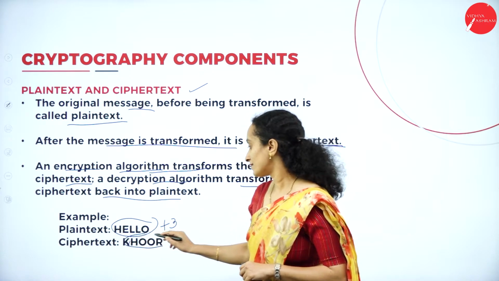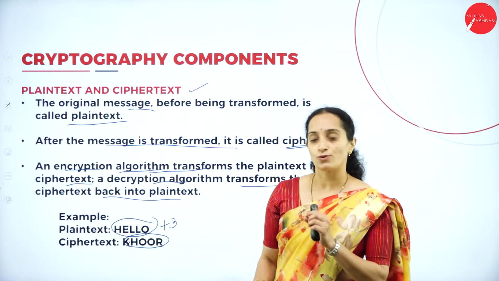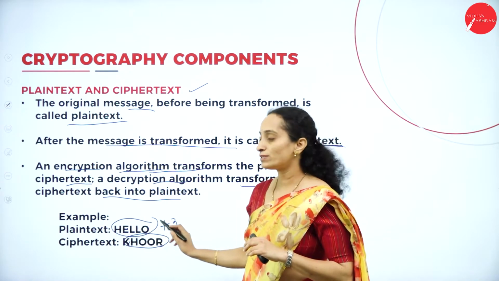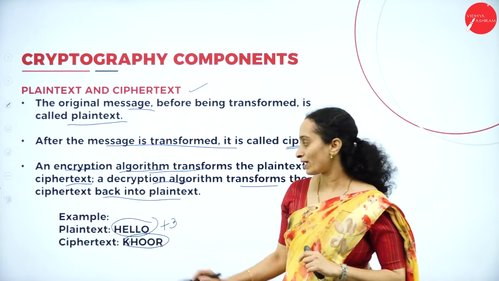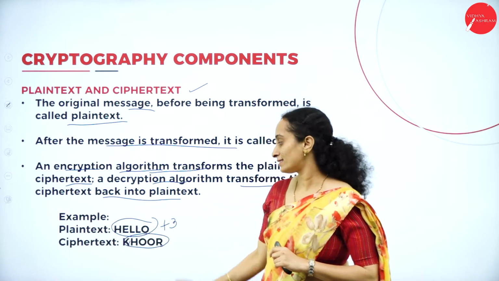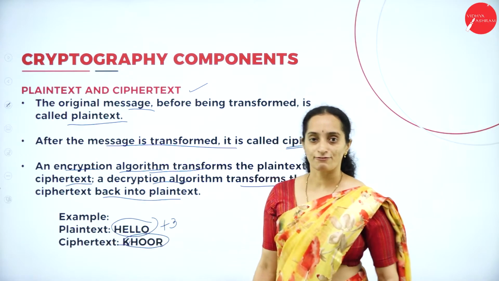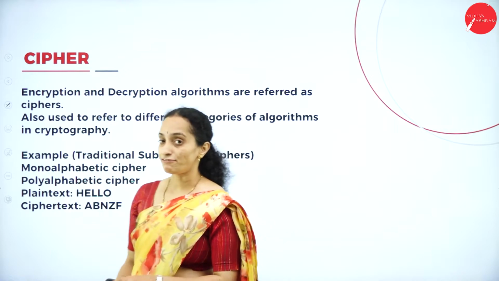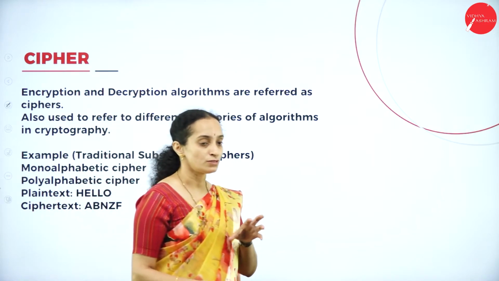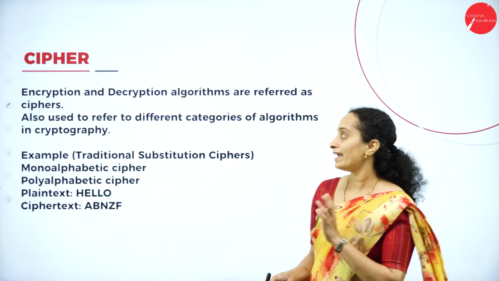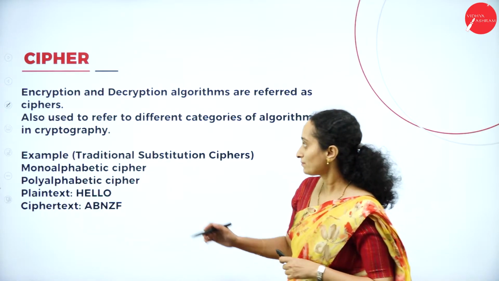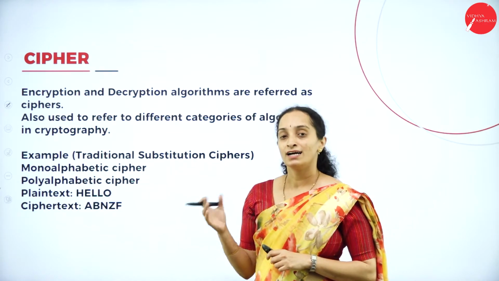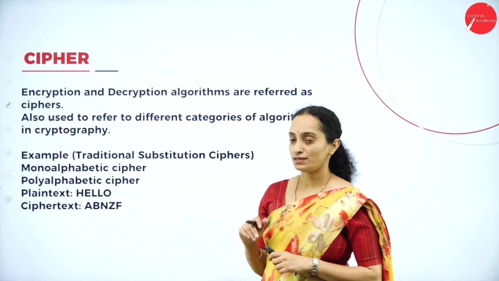Now, if an attacker reads this text, they will not be able to recognize that the original message is hello. So, this is called the plain text, whereas this is the ciphertext, the transformed text. Cipher is the term used to refer to the process of transforming the original into the transformed text.